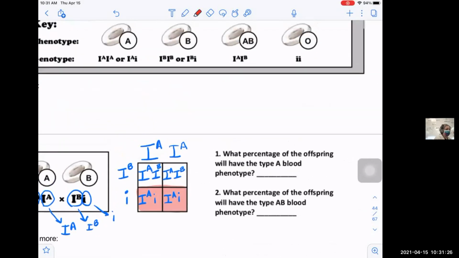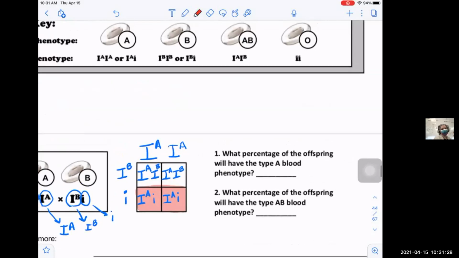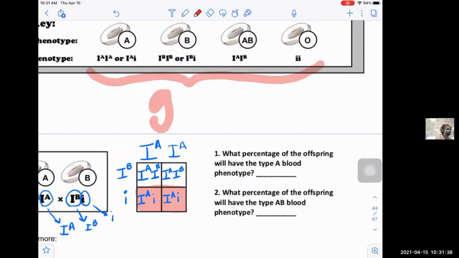I mean, it's really not that hard. It's either they're homozygous or heterozygous for A and B. AB and O blood have the same genotype, but I'll always give this to you on a test. So you'll have it to reference. So yes, 50% are going to have type A blood.